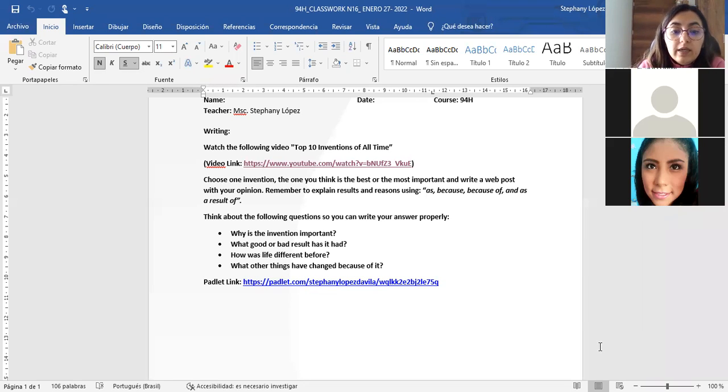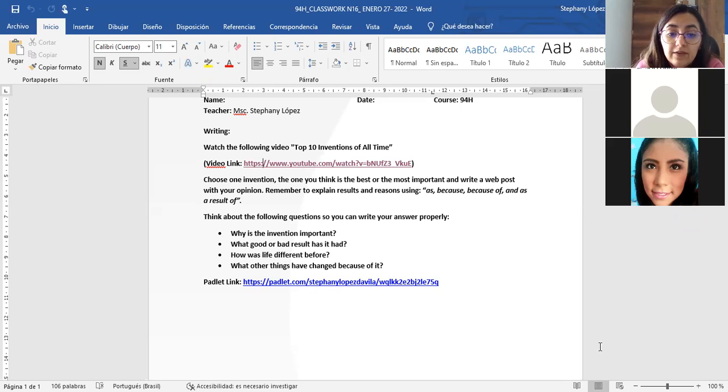Sí, ¿qué resultado ha tenido, no? Este invento. Cosas buenas, cosas malas. ¿Qué es lo que en qué ha ayudado, no? ¿En qué ha beneficiado o más bien ha dañado? Vamos a ver qué consecuencias buenas o malas ha traído este invento, ¿no?